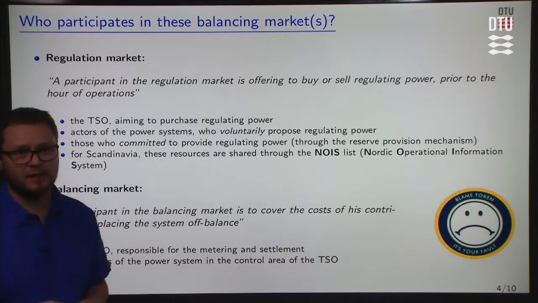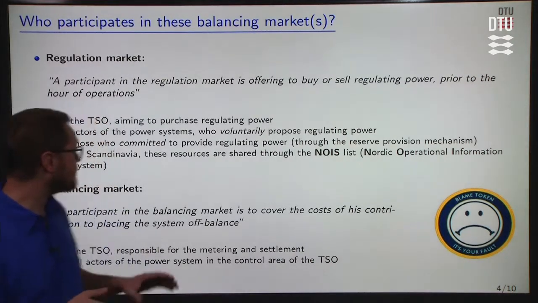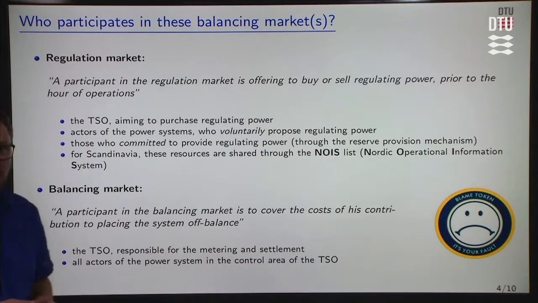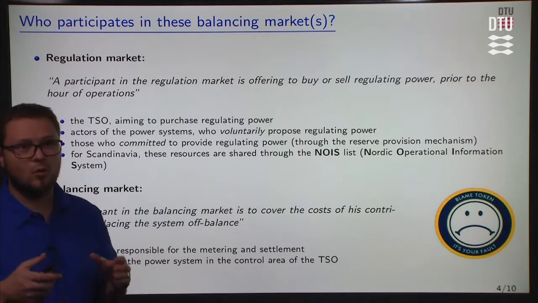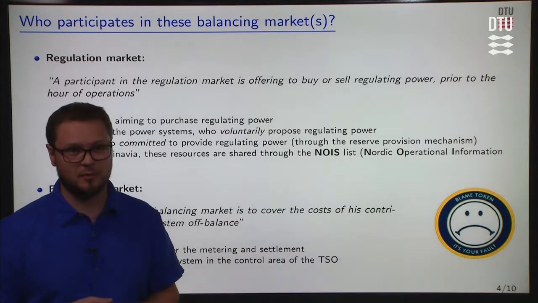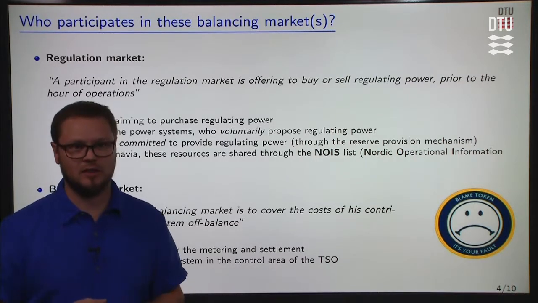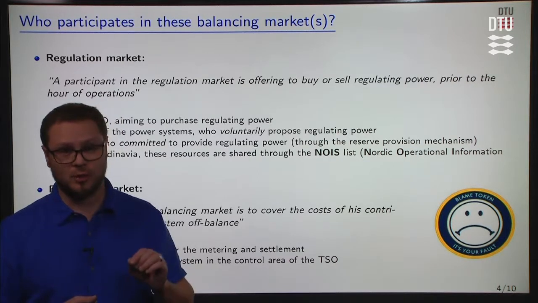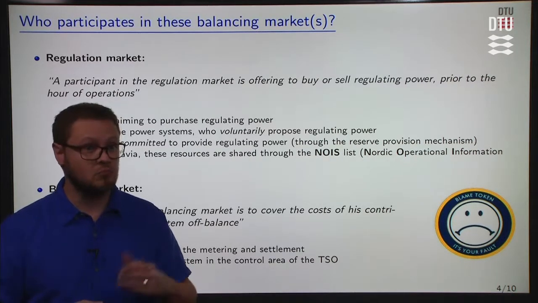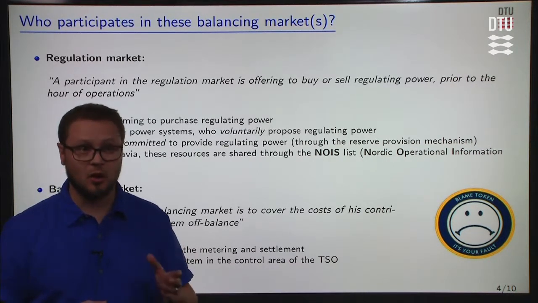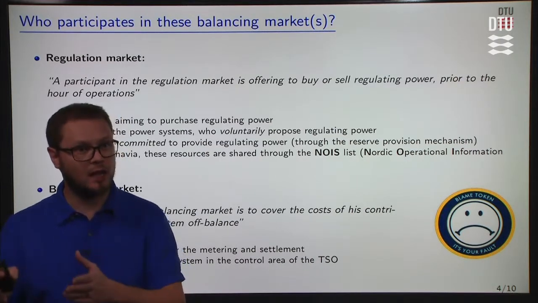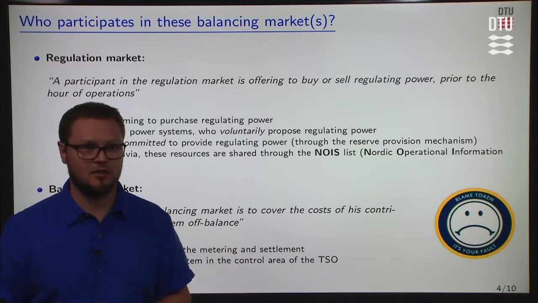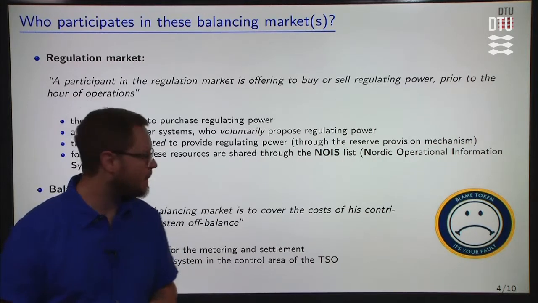So who participates in these markets? On the regulation market side, there are those who are willing to help the system. They are declaring to the system operator they are ready to change their set point, either on the consumption or on the production side, eventually to start a unit or stop a unit in order to help the system if there are some imbalances to manage.